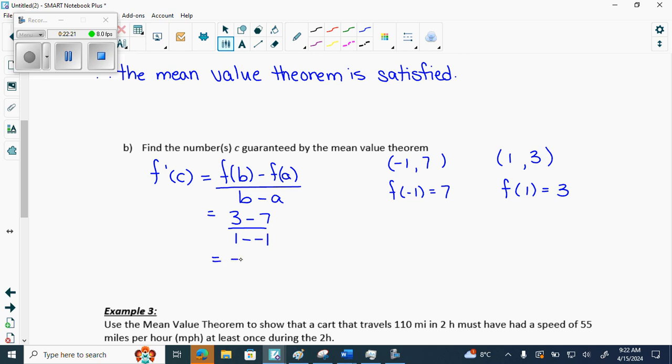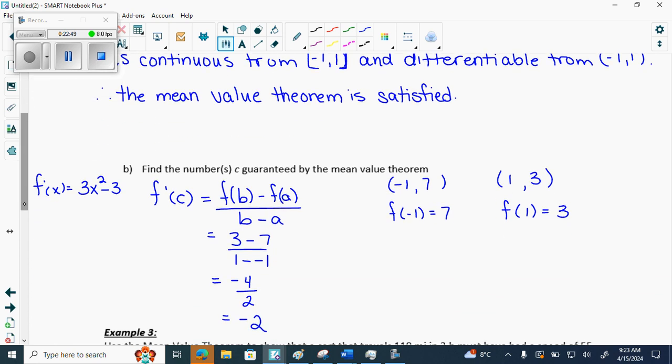So on this side, I'm getting -4 over 2, which is -2. Do you agree? The right side is f prime of c. So I need to get f prime of x and just put in c's. So f prime of x is 3x squared minus 3. And if you're wondering where I got that from, the equation.